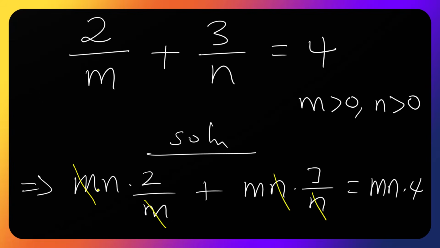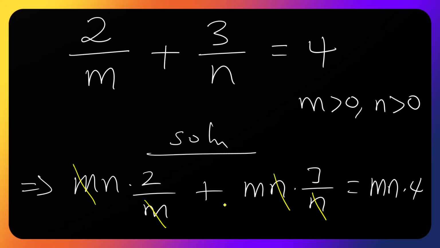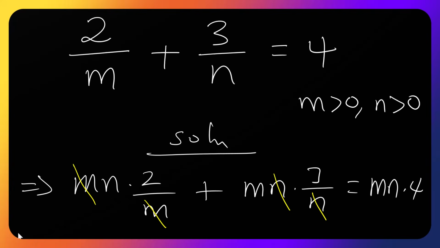So I will be left with 2n here, plus, so this side also with 3m, and we have 4mn.